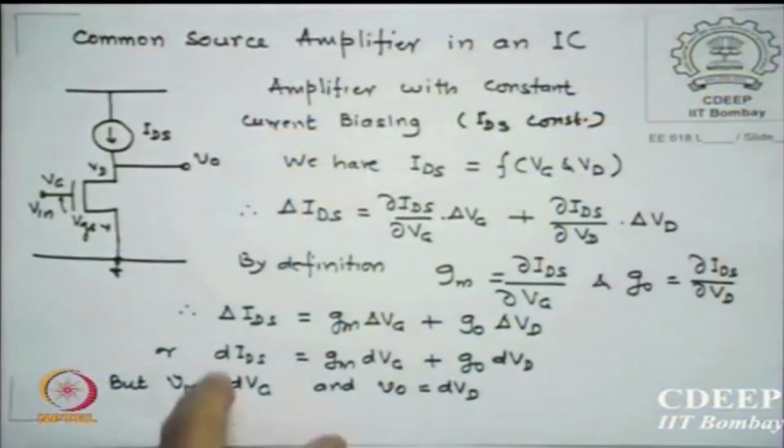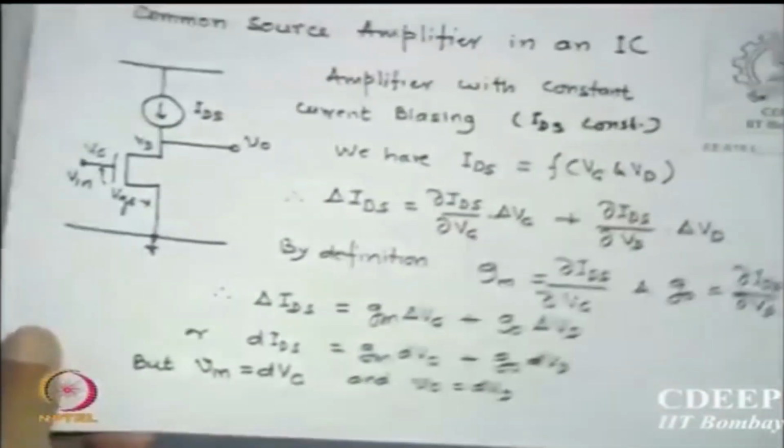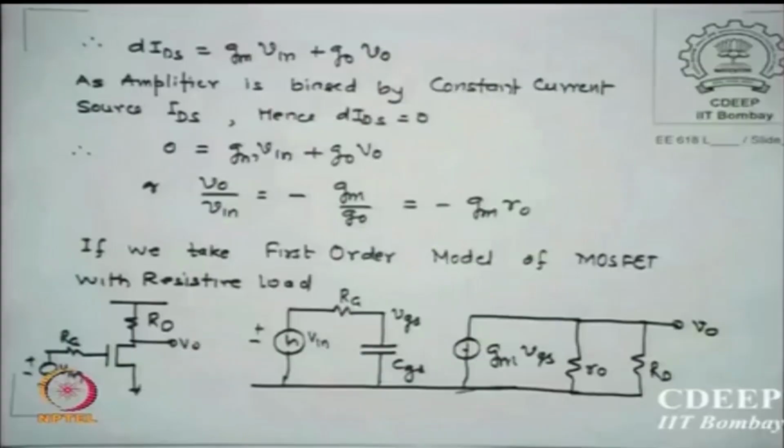So now I have the equation delta IDS is del Gm del Vn plus G0 dVd. Here is the expression which will appear. May I put it now? So I get delta IDS is Gm Vn plus G0 V0.